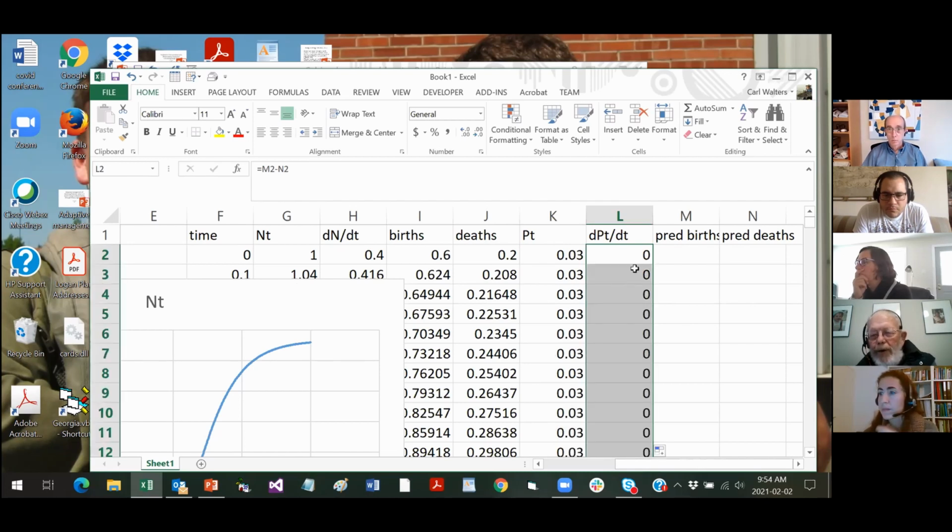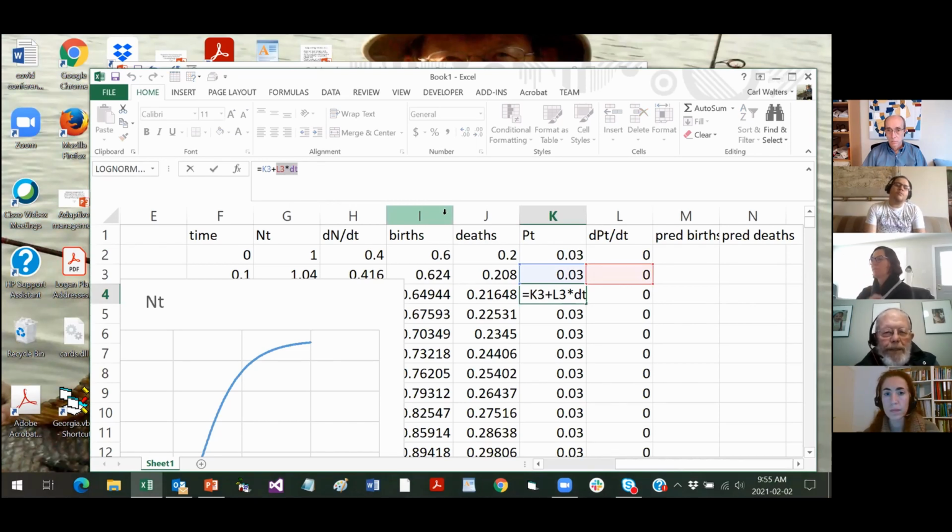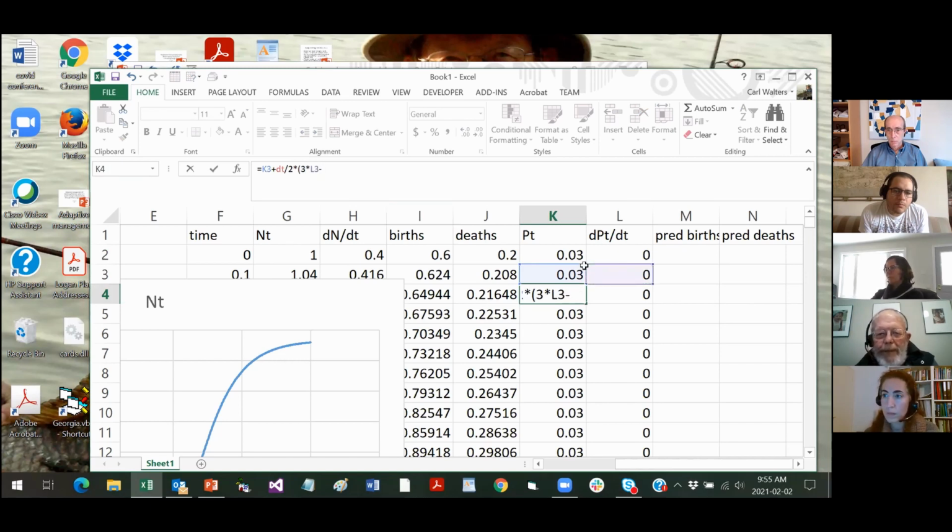Apply that for all times, and then modify the integration equation for PT after the second step to dt over 2 times 3 times the last derivative minus the derivative before, like that. So I'm using the Euler integration first.